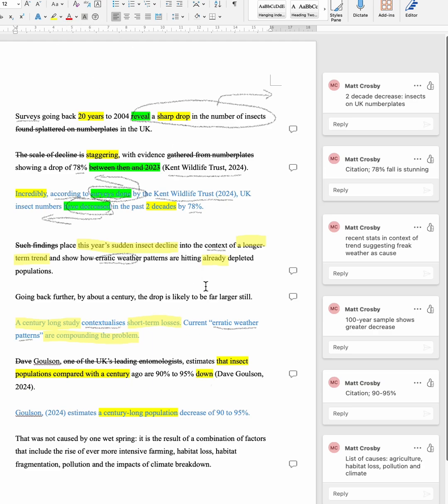And then for the statistics, down, decrease, there are synonyms there, but they've also changed the word order. So decrease comes before the statistic, down comes after the statistic.